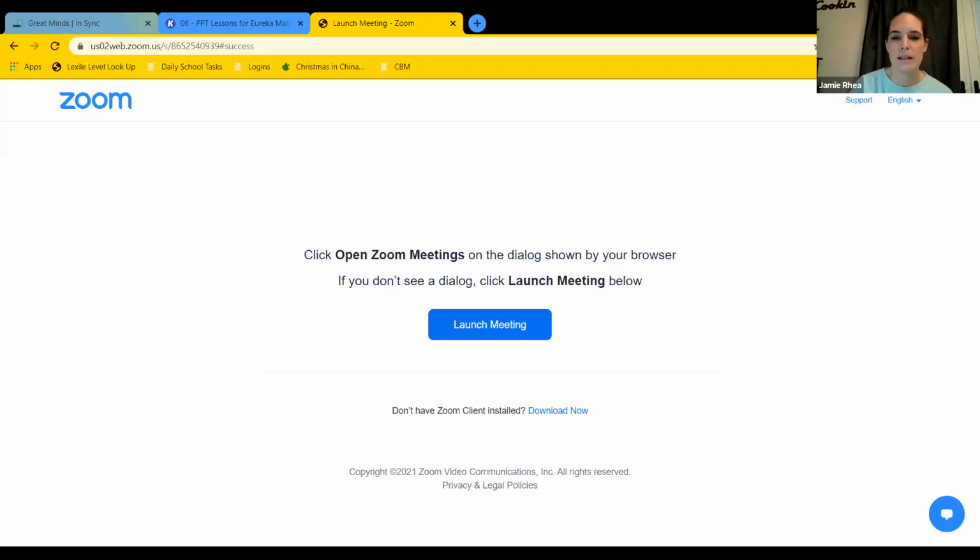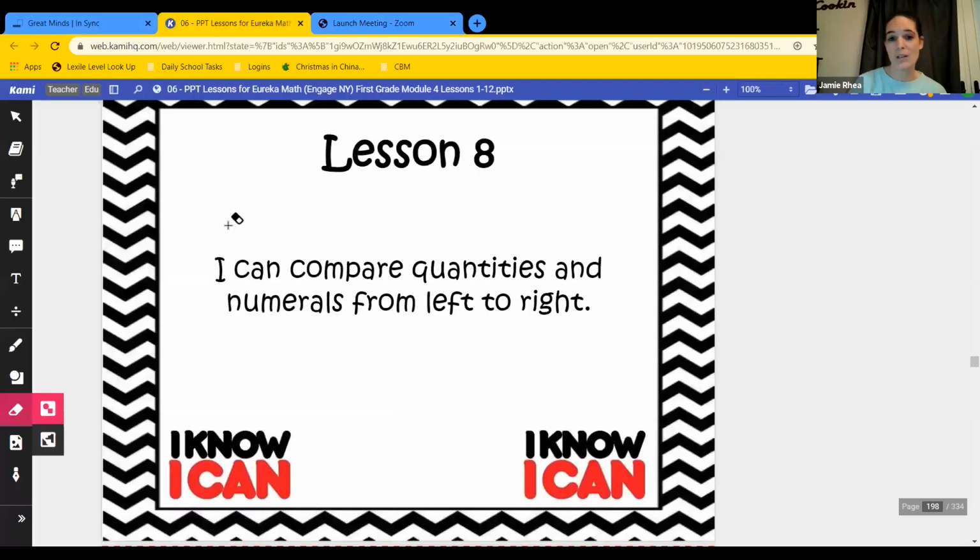Let's get started with lesson 8 today. Sorry, guys, I didn't have the right thing up. We're going to talk about comparing quantities and numerals from left to right. We talked about comparing numbers yesterday, looking at our tens place and then our ones place.